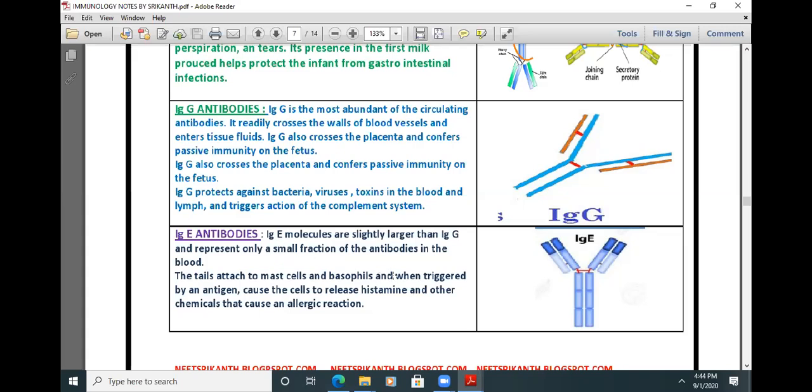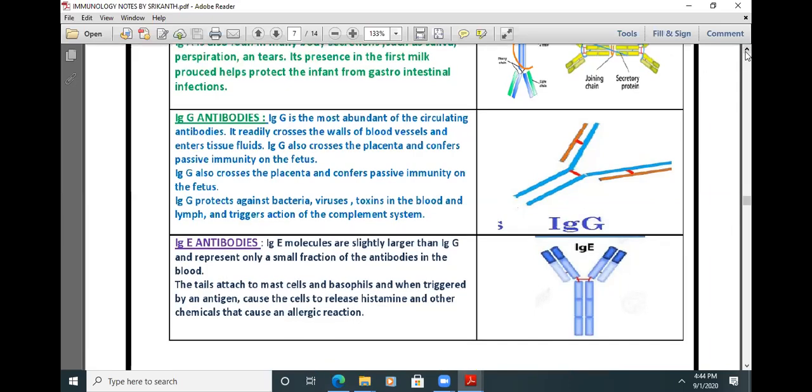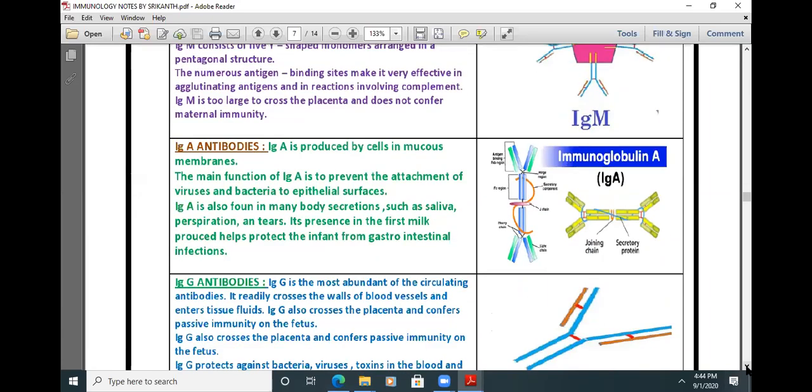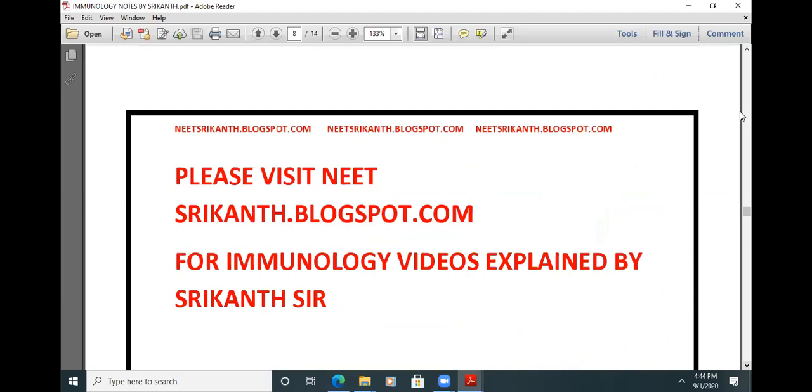When triggered by an antigen, it causes the cells to release inflammatory mediators like histamine and other chemicals and cause an allergic reaction. That is all about IgE antibodies. So the 5 types of antibodies with their different roles and activities: IgD, IgM, IgA, IgG, and IgE.